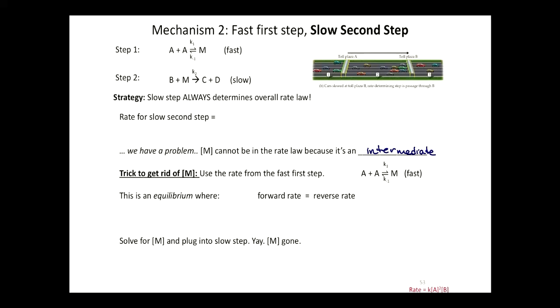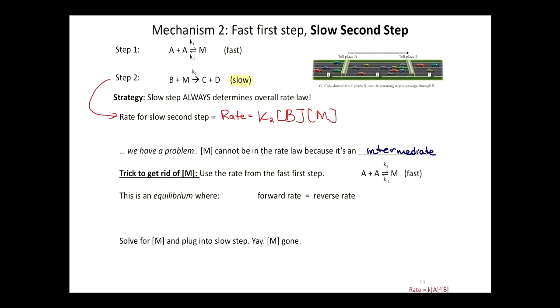The slow step is the rate determining step, the slow step determines your rate law. So if the second step is the slow step, we simply have to write the rate law for that second step, right? So let's do that. Second step, slow step. So that means your rate is equal to K2, the rate constant for the second step, times your concentration of B times your concentration of M.